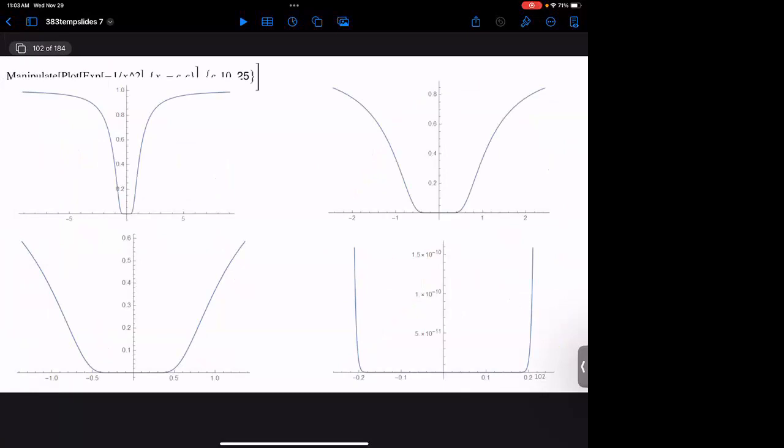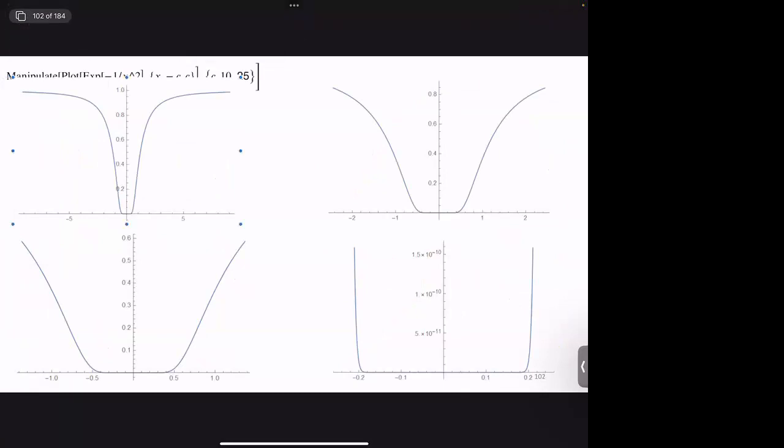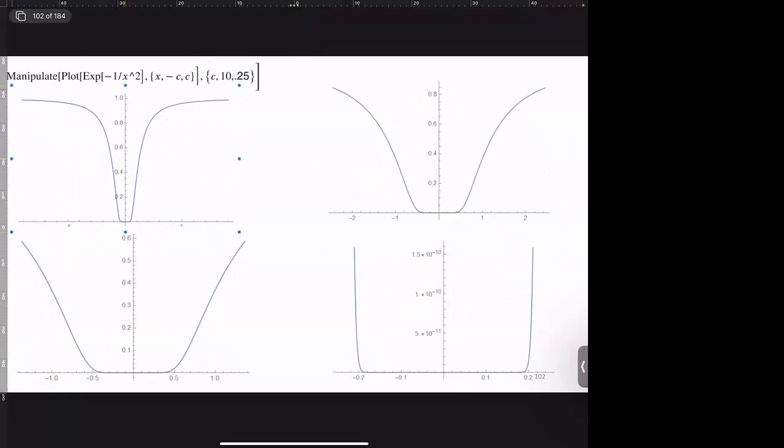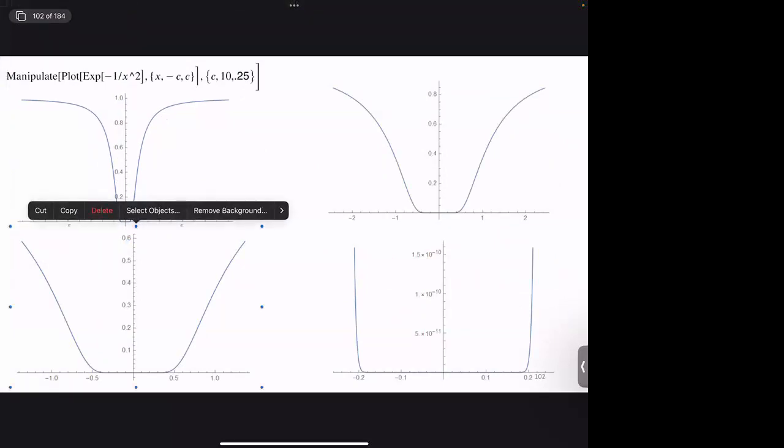This is your famous function that causes the trouble, e to the negative 1 over x squared. This is just zooming in a little bit on it and showing what's going on.